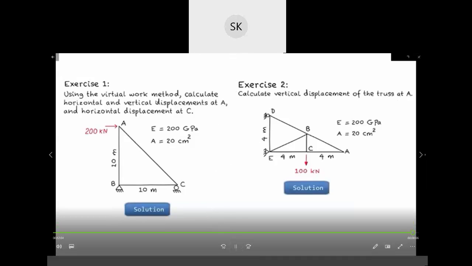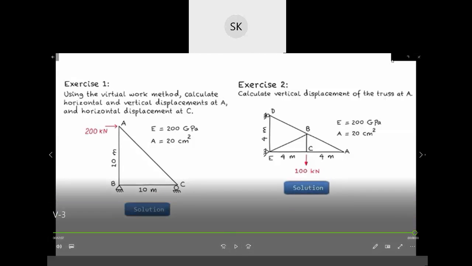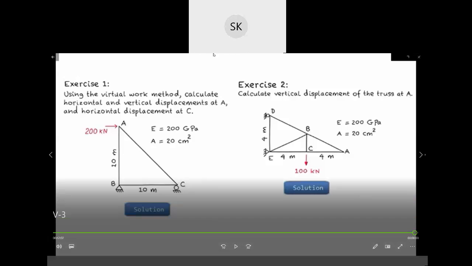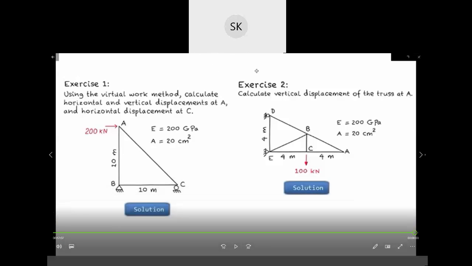So you can take a screenshot and try this problem, okay? In the next class, you'll see the virtual work method for beams.